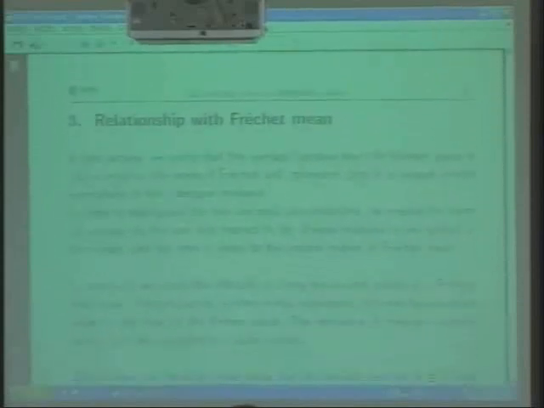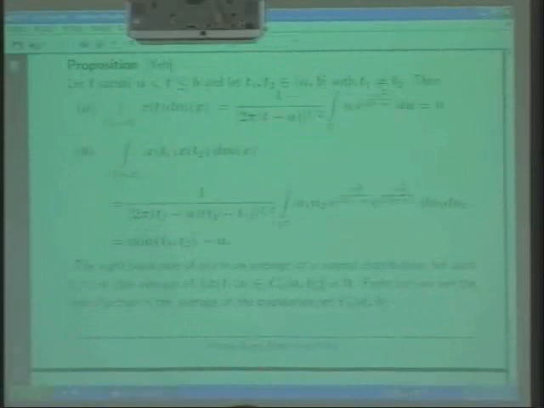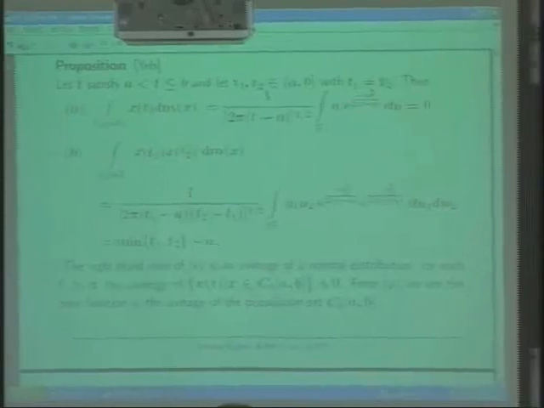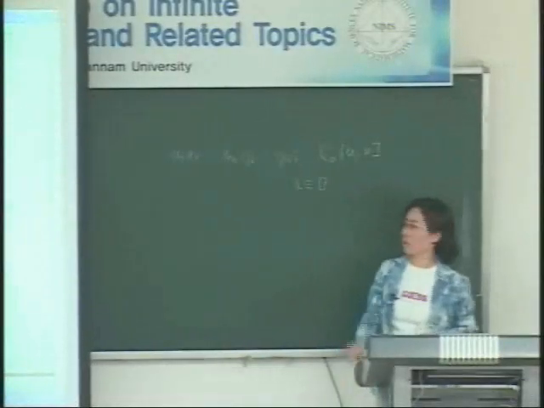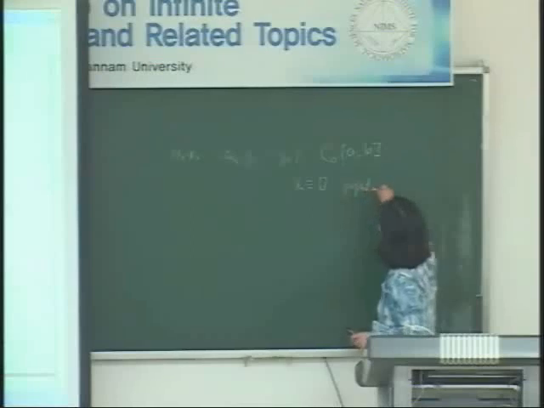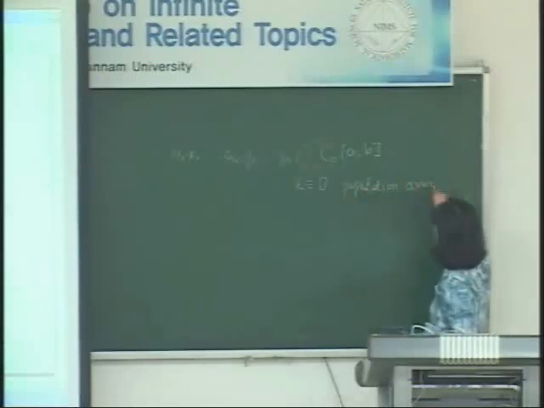How about our average value? Here, at each point, we see 0 is a mean value. So, for each t, the function defined by that could be the average of the population set, the whole set C_0[a,b]. I mean, here we can find the 0 function is a population average.